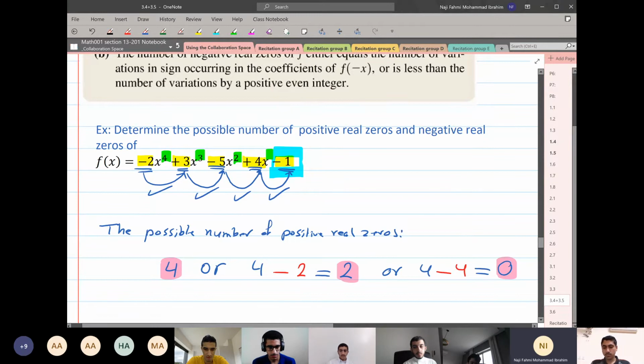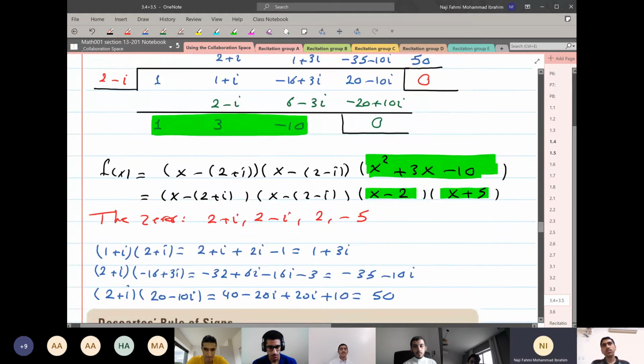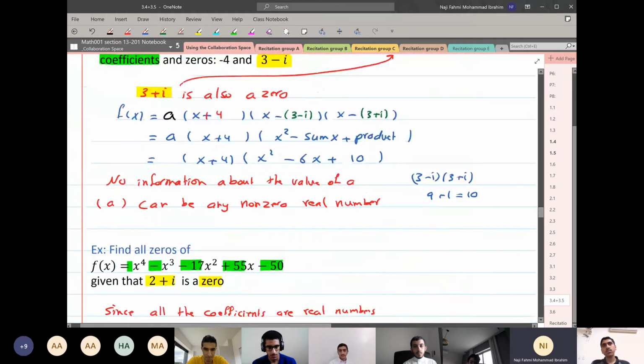This means we have no positive real zeros. But the question is, why do I subtract 2, then I subtract 4? Let me remind you with this theorem that we have revised earlier.